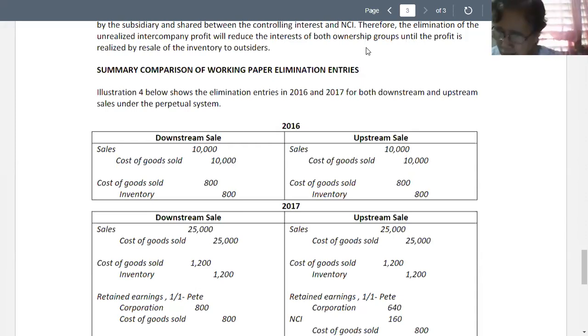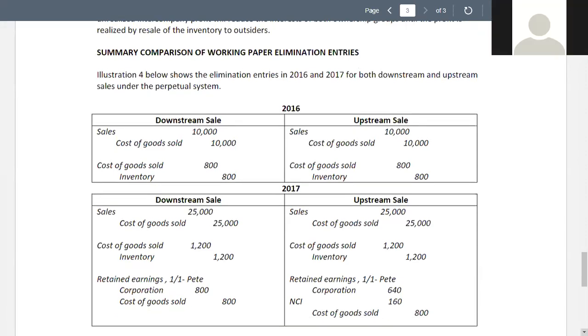Okay? So we now go to the comparison. In the downstream sale, we debit sales and credit cost of goods sold. In the upstream sale, we again debit sales and credit cost of goods sold.